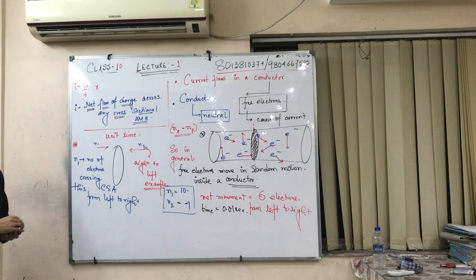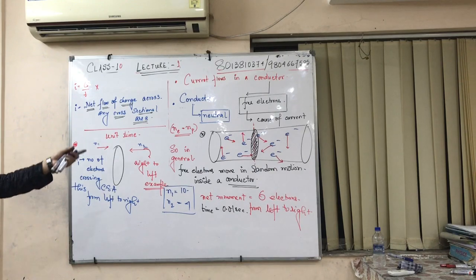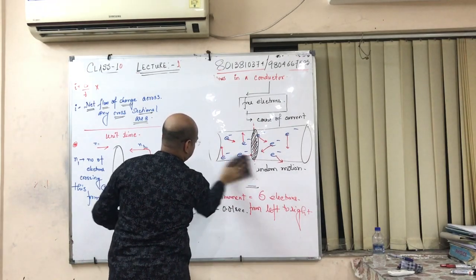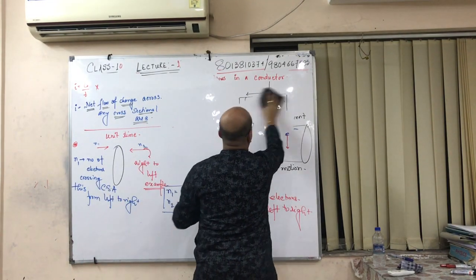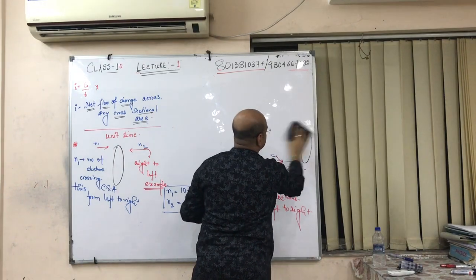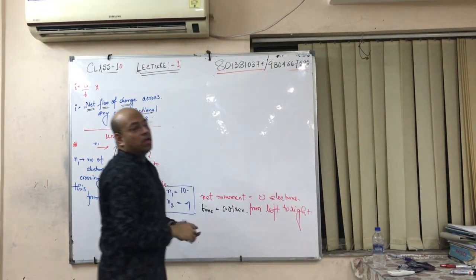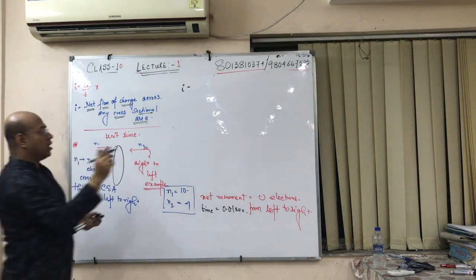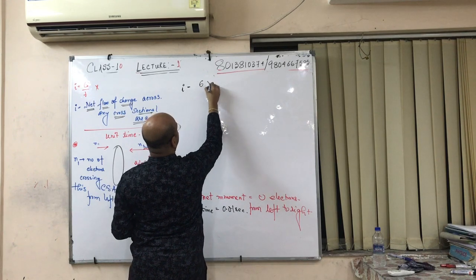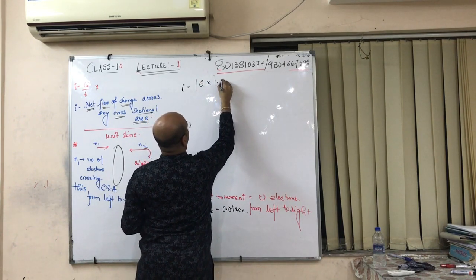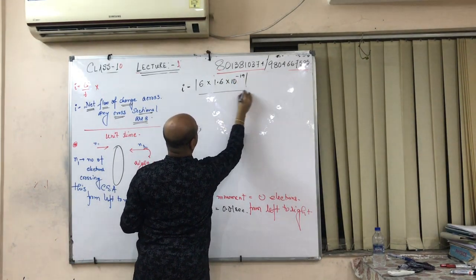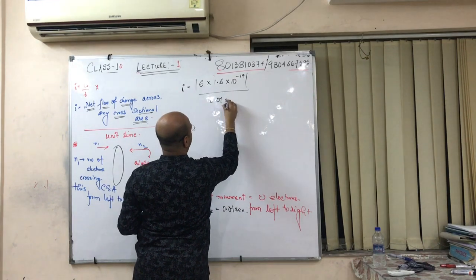Let's take an example. So how do we calculate current? This current is due to the net 6 electrons. So what is the charge of the 6 electrons? I am talking about the magnitude: 6 times 1.6 into 10 to the power minus 19 coulomb, divided by 0.01 second.